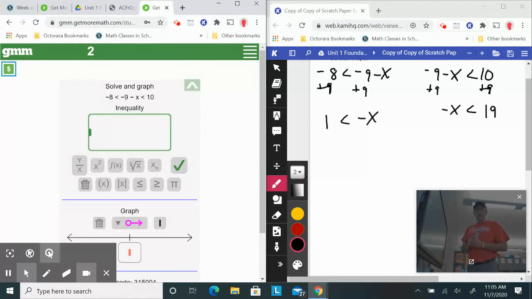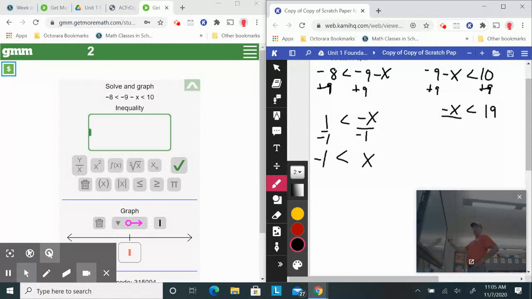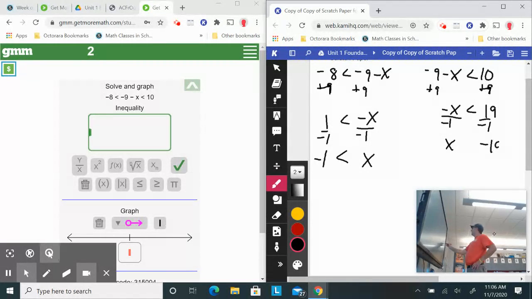Okay, so notice that I have 1 is less than the opposite of x. So I got to divide by -1 on both sides here to get x by itself. That's going to create a -1 here, and I need to reverse the sign because I divided by -1. Now here I'm going to divide by -1, and I get x and -19. And since I divided by negative, I have to once again reverse the sign here.